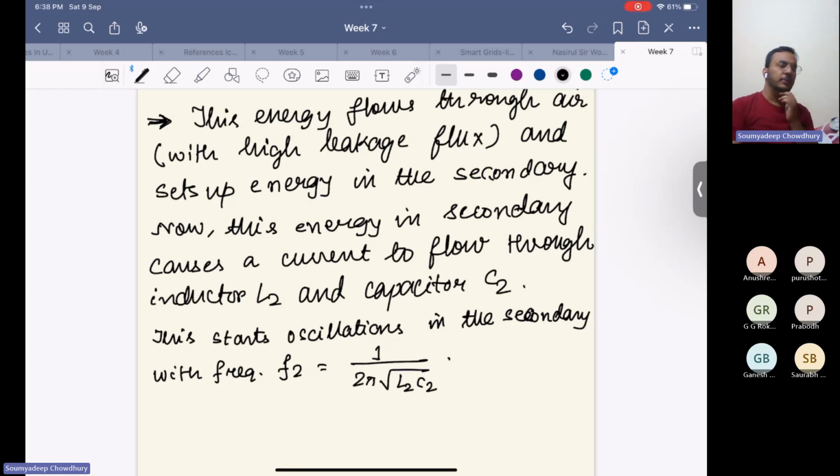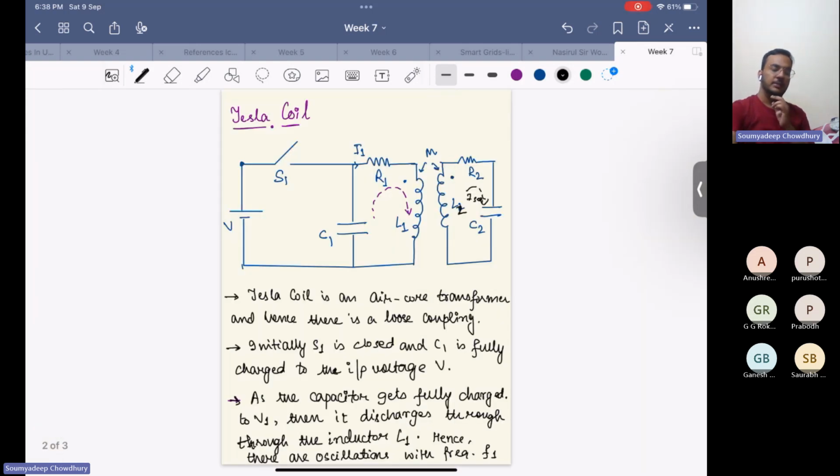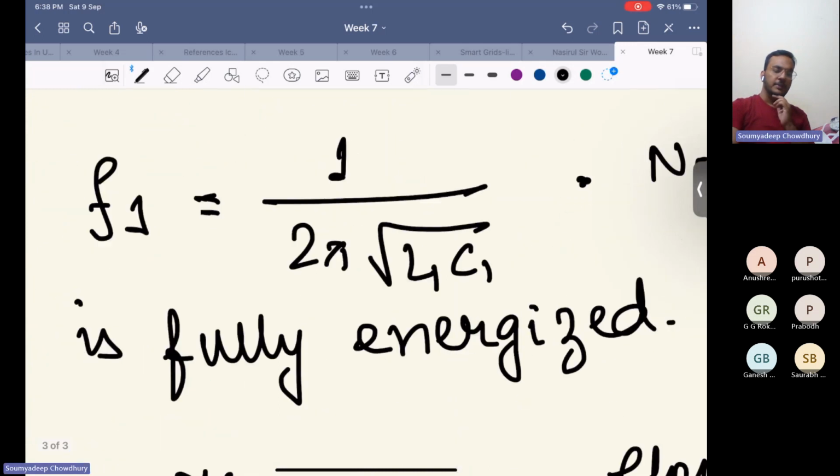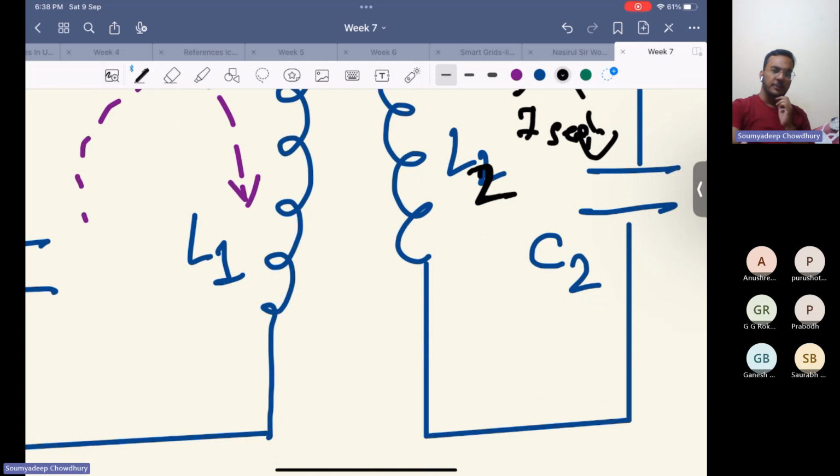So now we need to think of this load capacitor C2 in the secondary. You can see here, right? This C2 is the load capacitor, right? So this can be air or it can be a sphere gap or it can be a toroid coil.